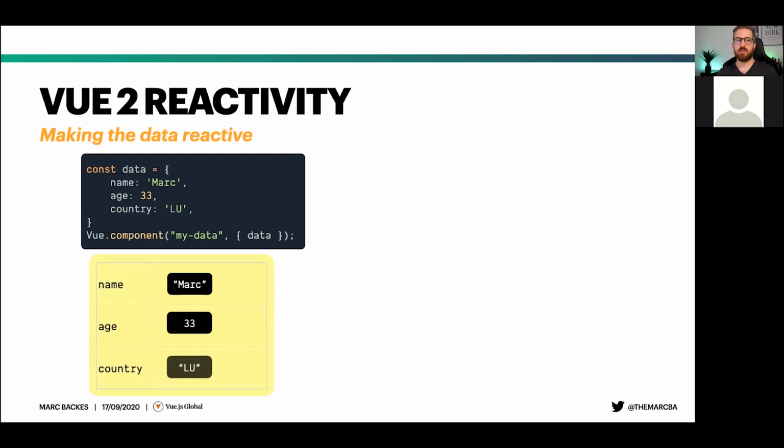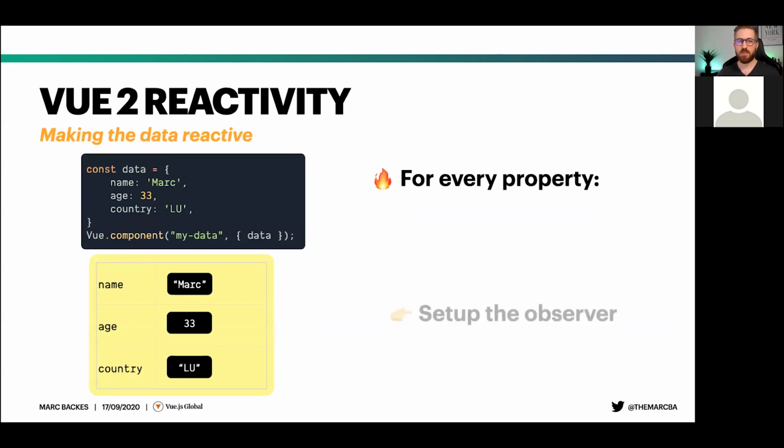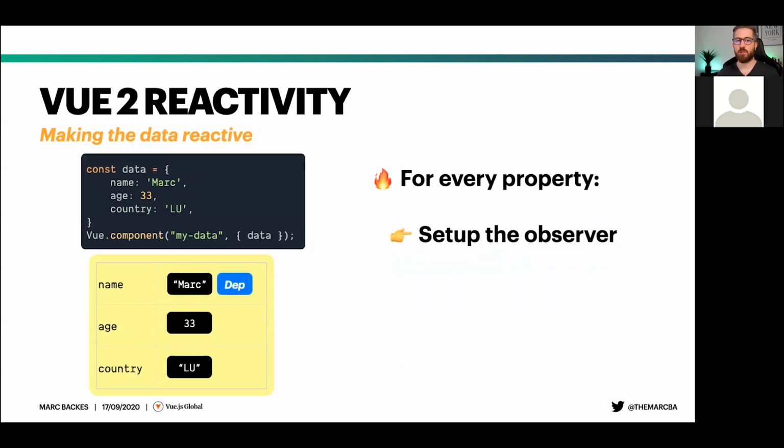This has internal values, obviously, and for every property, the following happens. First, we set up an observer, the dep class we saw earlier. Then we override the get function so that when some part of the code accesses that property, we call depend on the dep class.